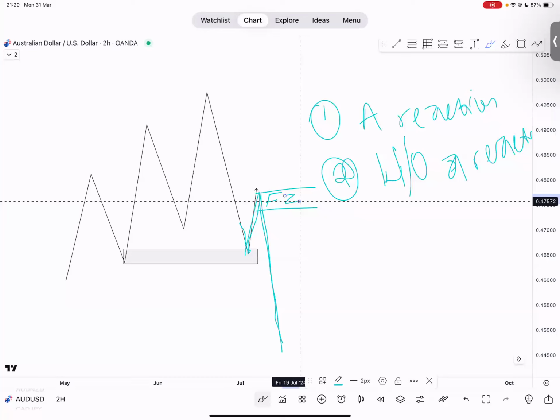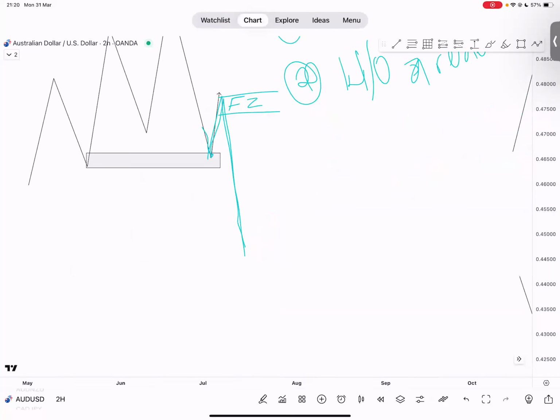It creates what we call a flip zone. A flip zone is just like a supply level being created from a demand failure, or a demand level being created from a supply failure, something like this now.